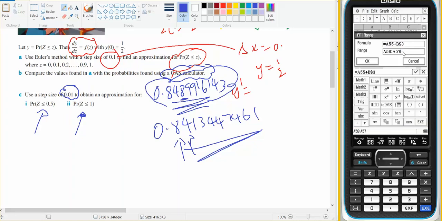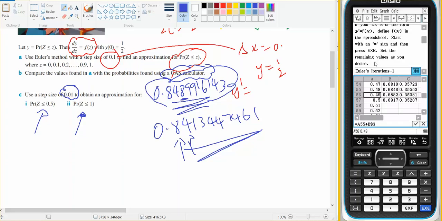I've gone to 57, I need to go to 107. Okay, now if I go all the way down that should take me to 1, it did.